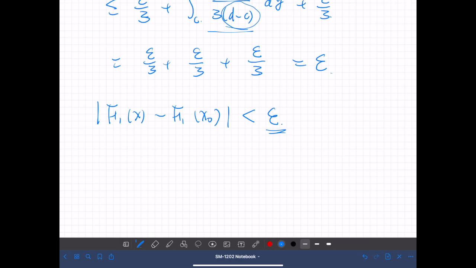Therefore, this function f1 of x is continuous at x0, and x0 was any value of x as long as it is in the interval between a and b. So therefore this function is continuous on that interval. And we are done.